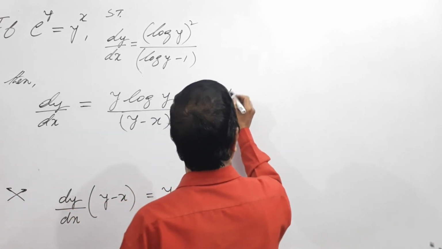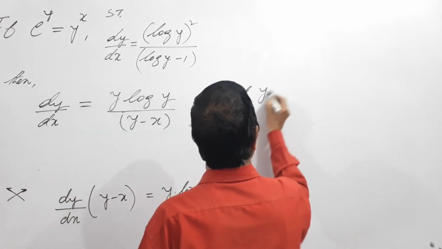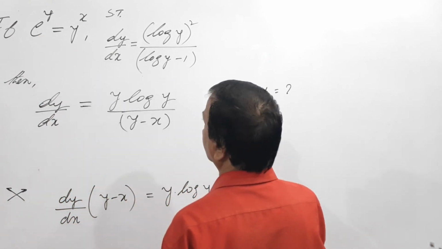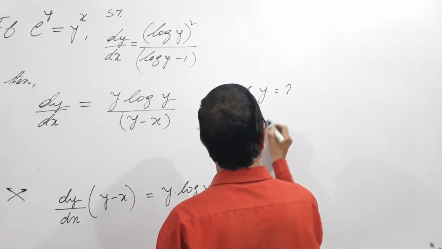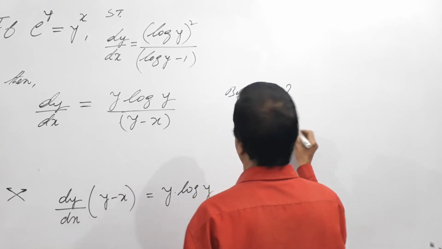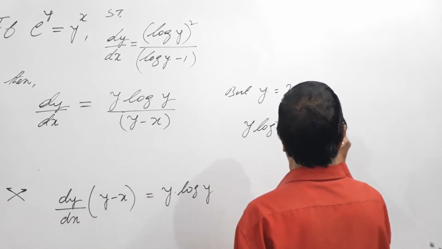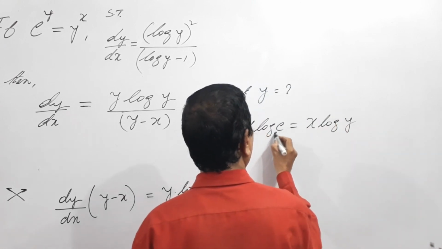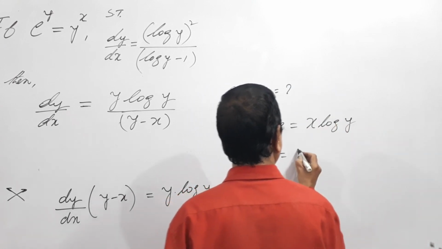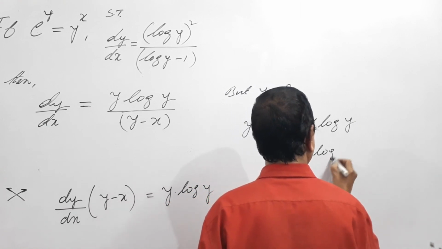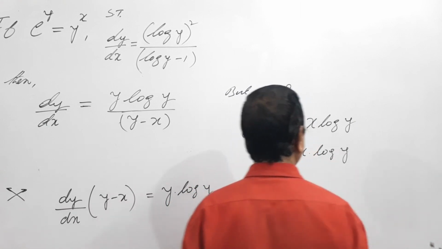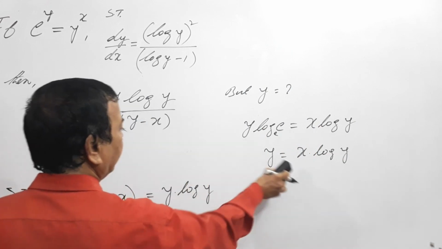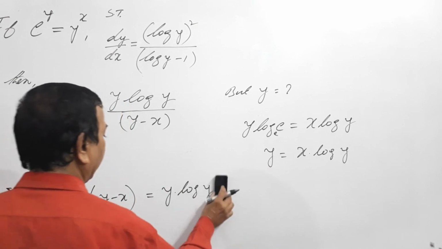So what is y? From the equation we have calculated, y log e equals x log y, isn't it? So y equals x log y. So wherever y is there, I will put x log y.